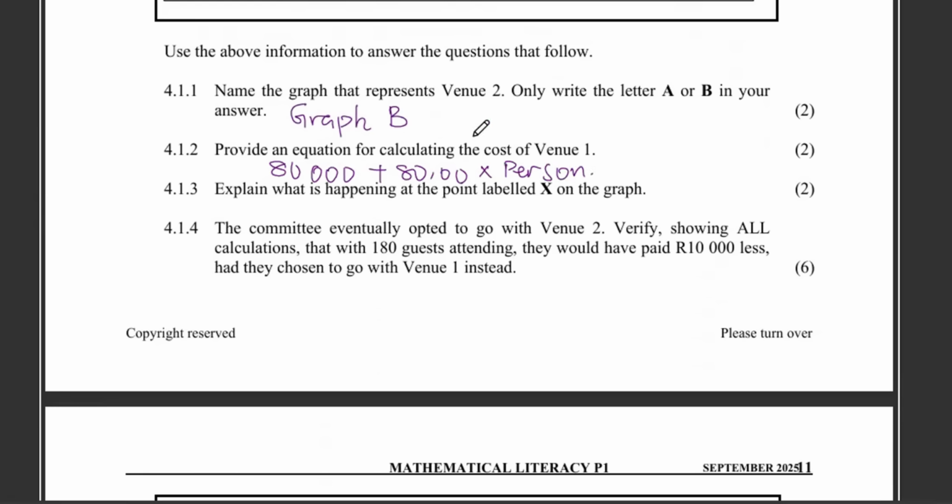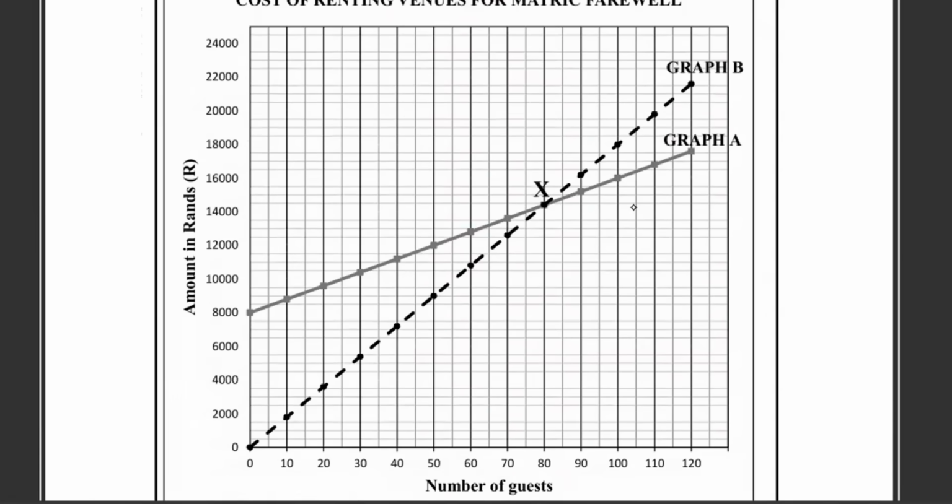Explain what is meant by the point labeled X on the graph. So the point labeled X on the graph, you find out it's where they cross each other. And this point is called the break-even point.